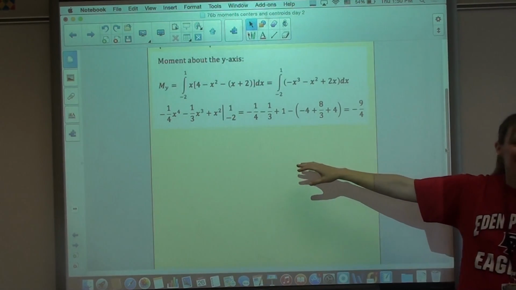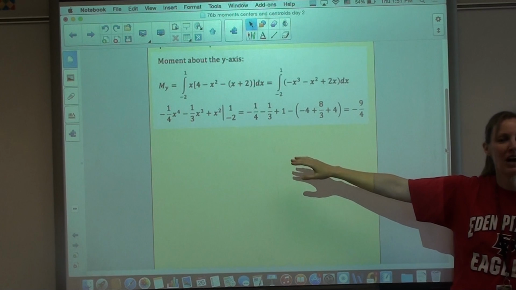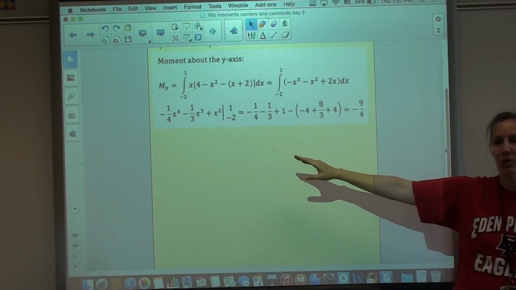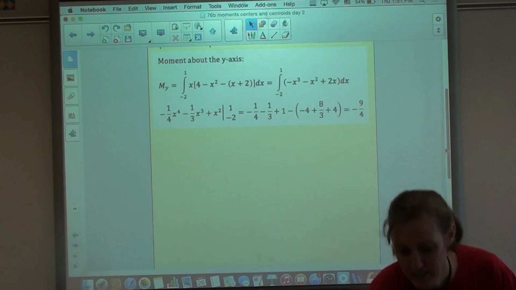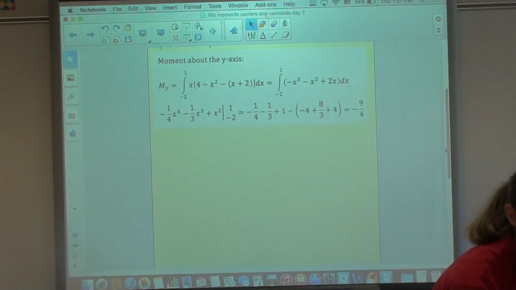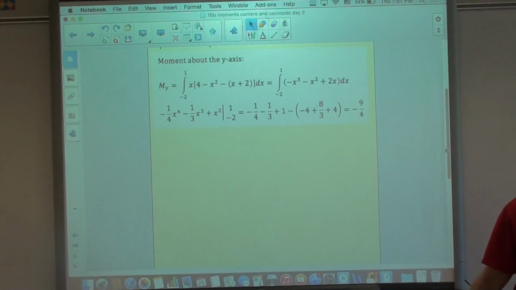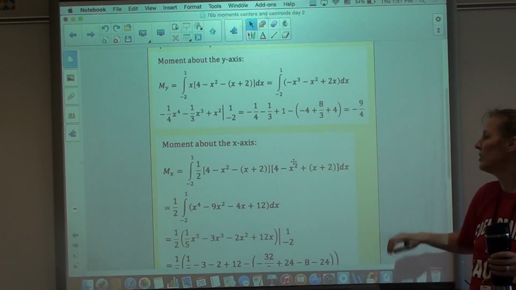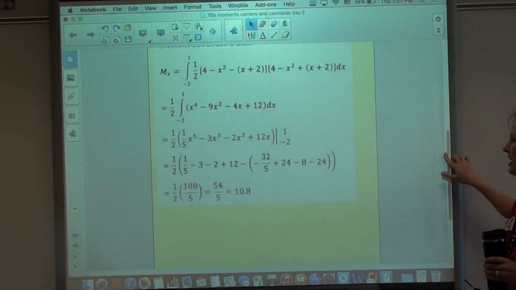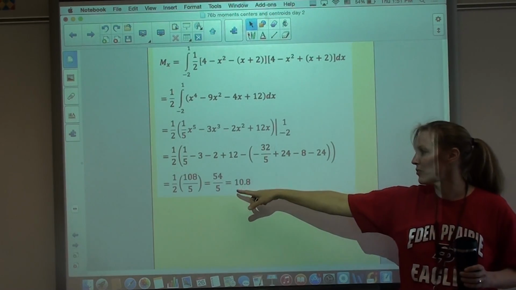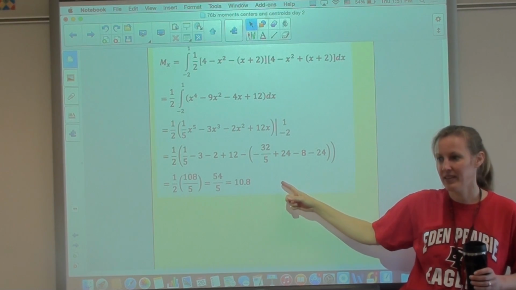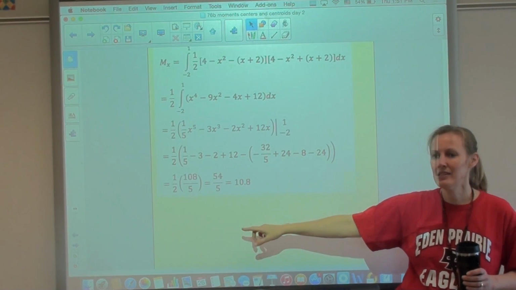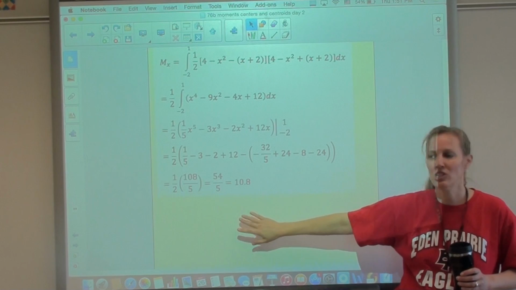Alright. Moment of hush. Moment about the x-axis is f plus g, f minus g, all times a half, right? I of course did it by hand, but you don't have to. The answer is 54/5 or 10.8. Everyone okay? Good. The mass is just the area, right? f minus g.